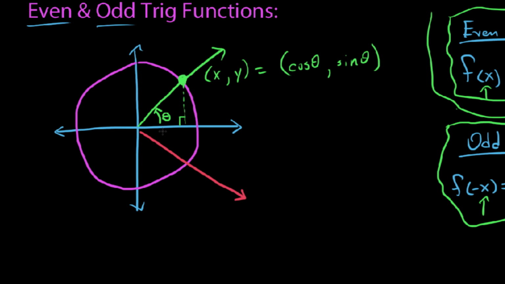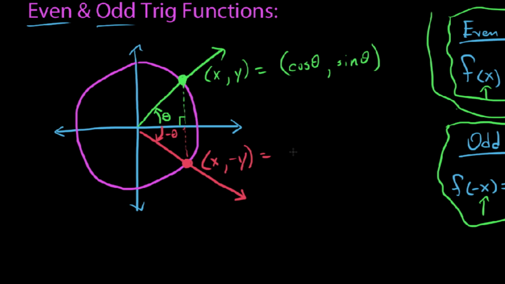If we had gone a negative theta rotation, that just means we would have rotated theta degrees or radians in this other direction, and we still would have had a point on the outside of the circle, and we could drop down in altitude. You'll notice that these two triangles are nearly identical, except in this case we'd have the point positive x comma negative y.